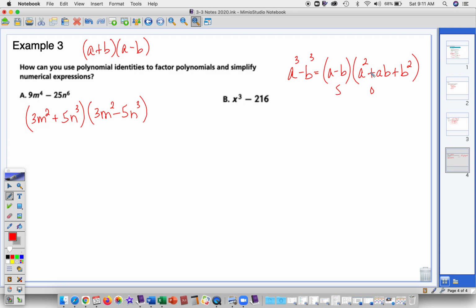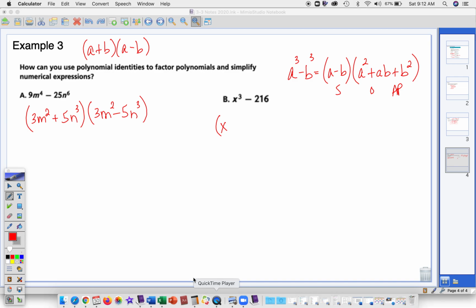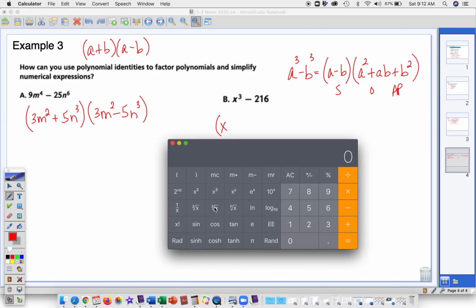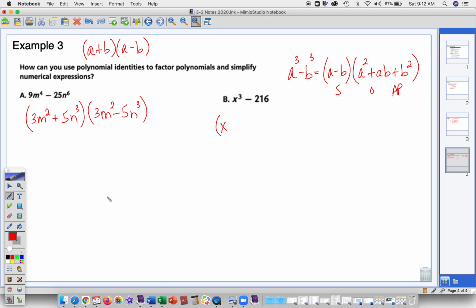Same, opposite, always positive. So here the cube root of x cubed is just x. The cube root of 216, I believe, is 36. Let's double check. 216 cube. Oh, 6. What did I say? I was thinking 36 times 6, so it's 6.